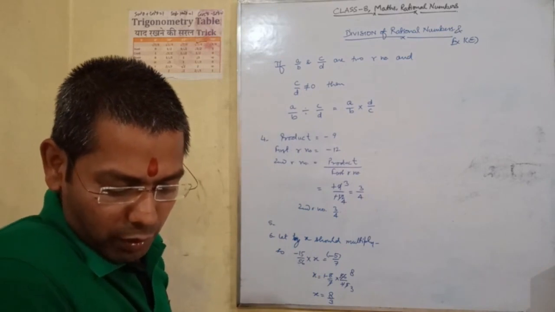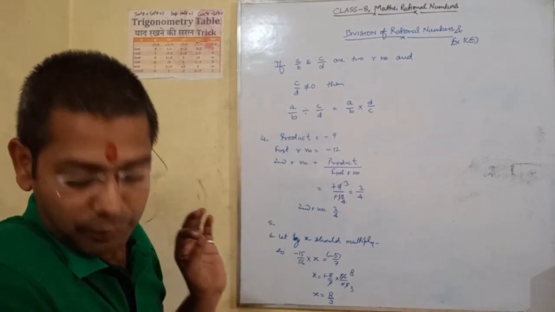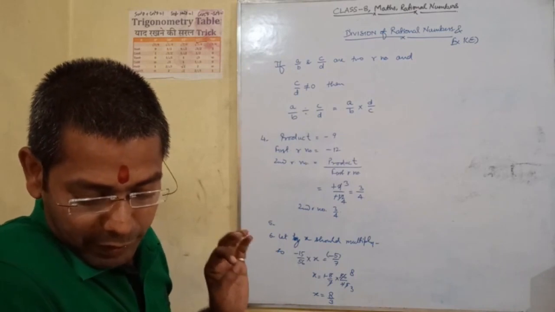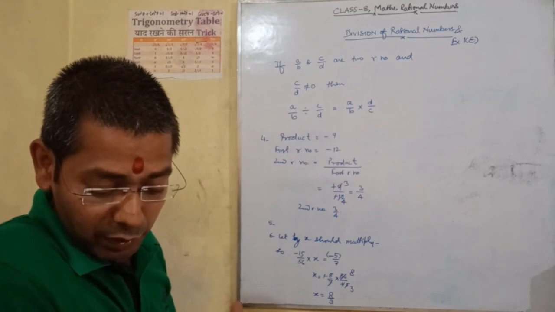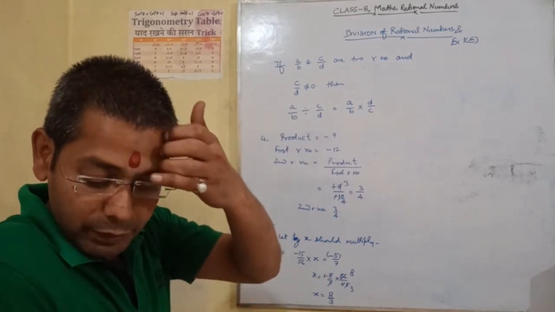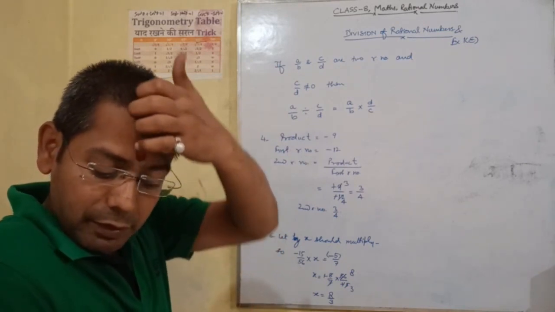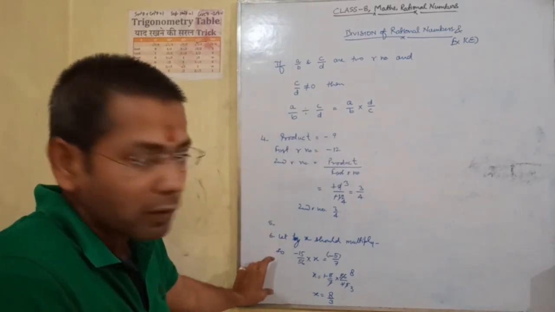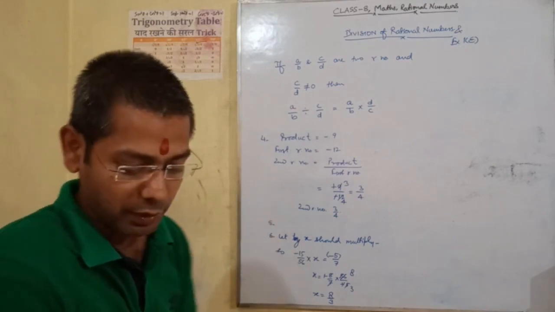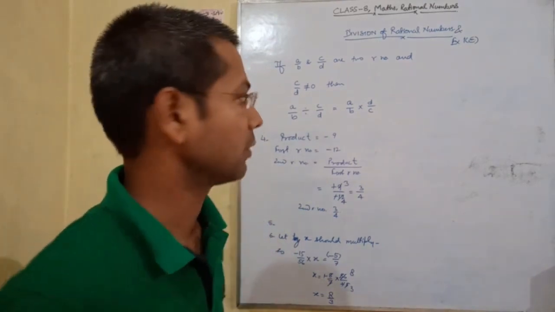8. By what number should minus 33 upon 8 be divided to get minus 11 upon 2? It is asking which number will divide minus 33 upon 8 to get minus 11 upon 2. In the previous question it asked for multiplication; in question 8 it is asking for division.